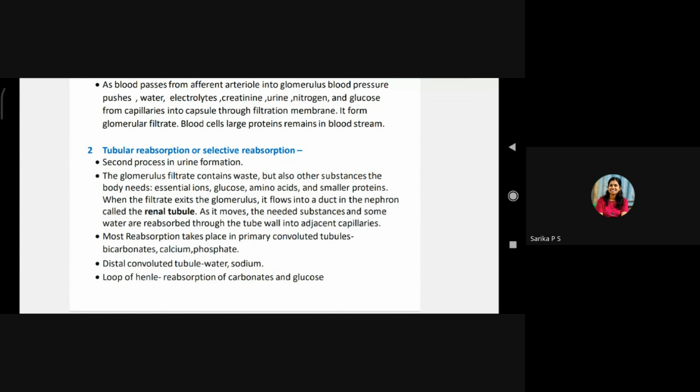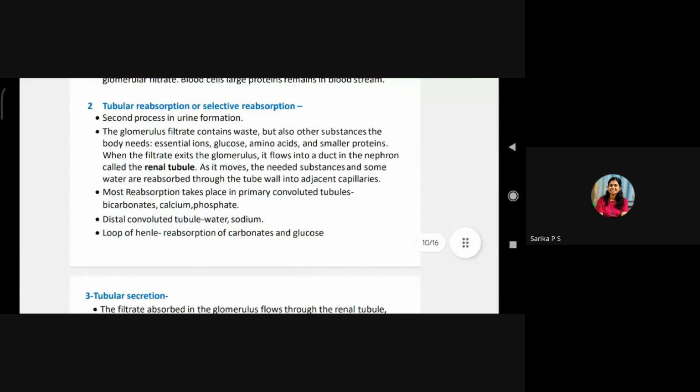And what are the things that are being reabsorbed from that primary convoluted tubule? That is bicarbonates, calcium, and phosphate. Now, the distal convoluted tubule reabsorbs water and sodium, and the loop of Henle reabsorbs carbonates and glucose.